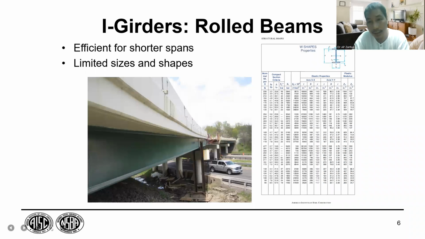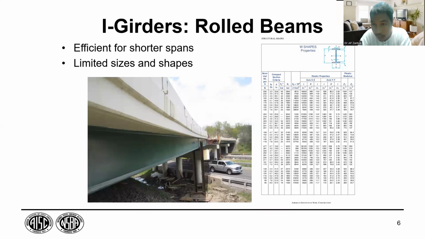I-Girders. So letter I, we mean W beam, W type. This is the table out of the code. We will only use the table from the code or from the textbook. So it is efficient for shorter spans, limited size and shapes.